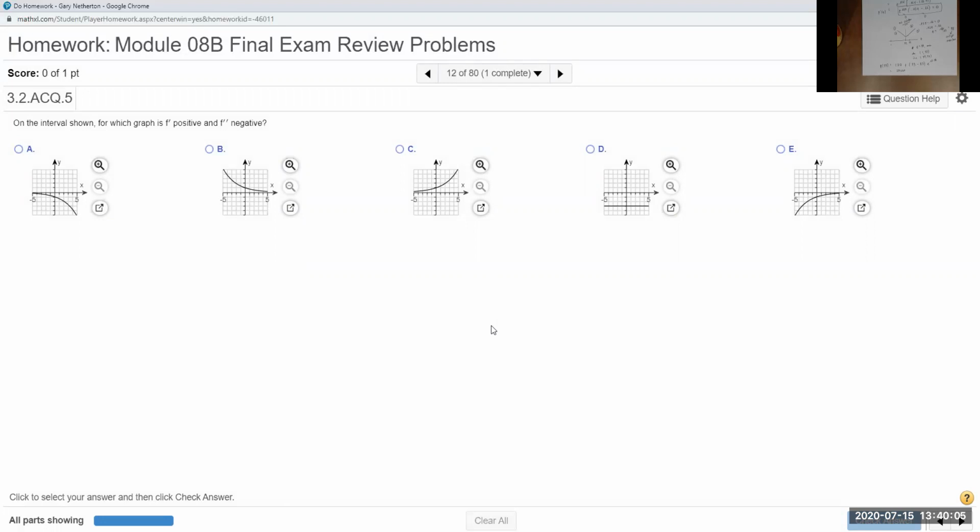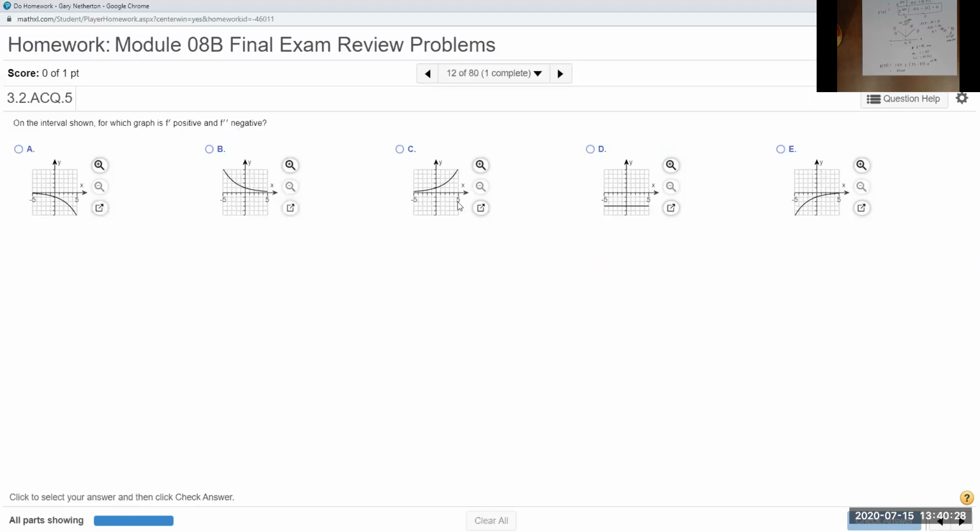Here's another graphing problem. Maybe we can just look at it and figure out the answer. Well, the interval shown for which graph is, so it tells us 2 things. First derivative positive and second derivative negative.